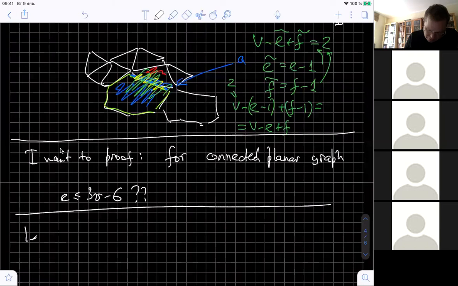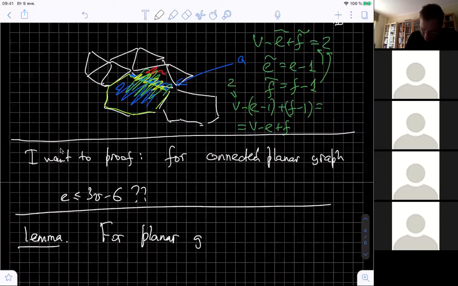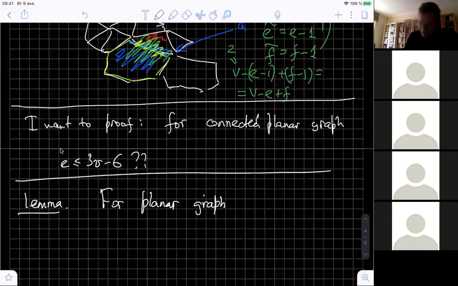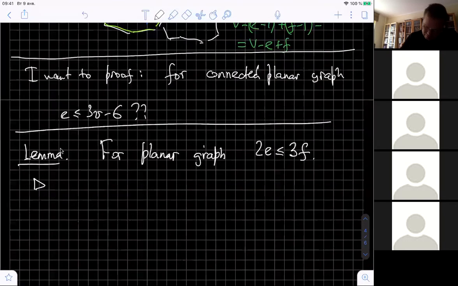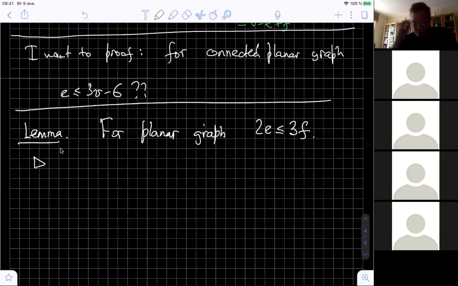So I have a lemma for planar graphs. I can write 2E is not greater than 3F. Why is it so?